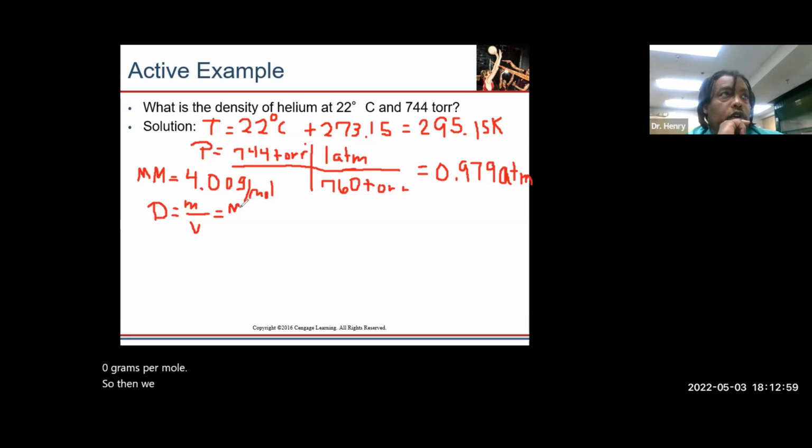Okay, so then we know the density is going to be the molar mass times pressure divided by RT.